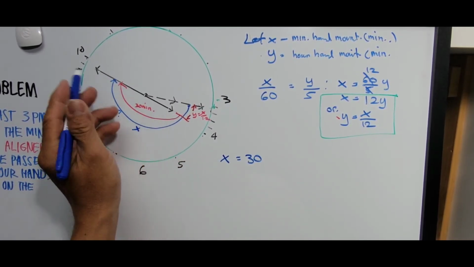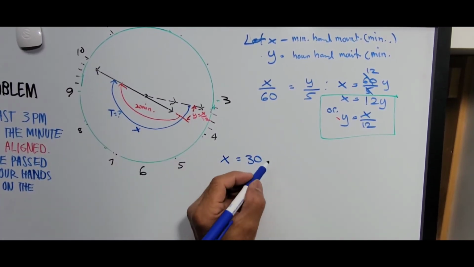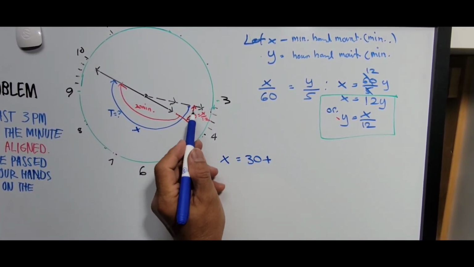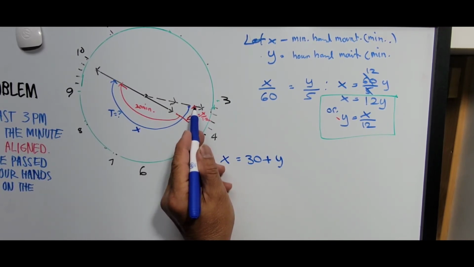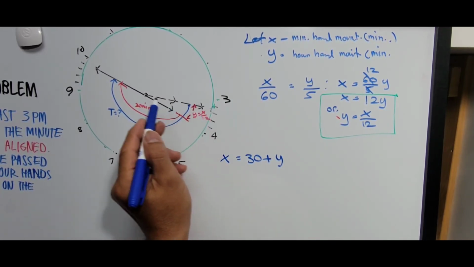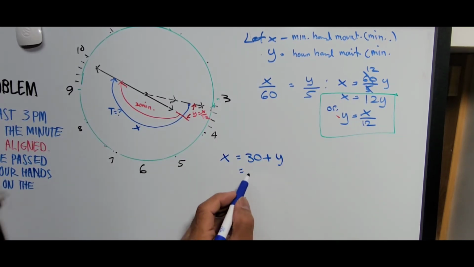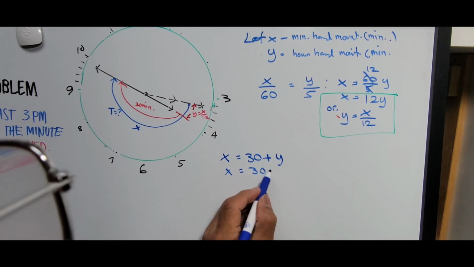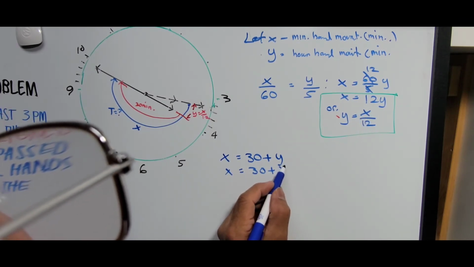The straight line is 30 minutes, plus y, the movement of the hour hand from the start, from the initial when they're aligned. And since y is x over 12, so x is equal to 30 plus y, just substitute the value of y over there. So x over 12.